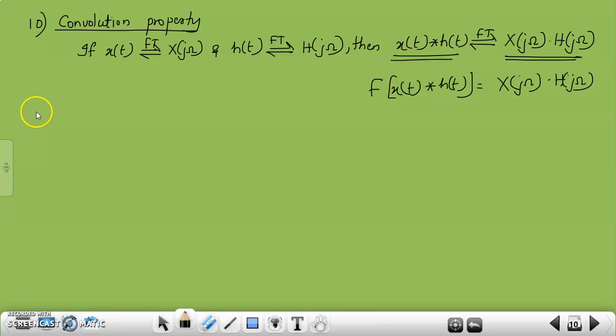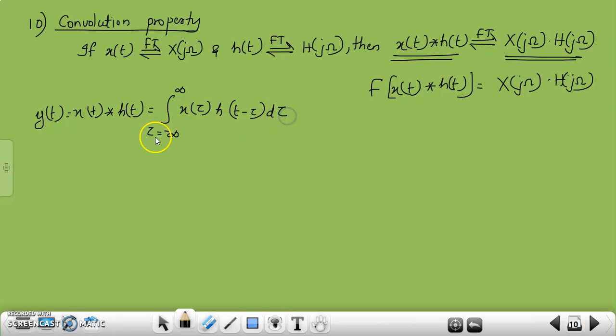We will start with the equation corresponding to convolution. Let y of t be equal to x of t convolution h of t, and the equation corresponding to that is the integral over tau from minus infinity to infinity of x of tau h of t minus tau d tau.